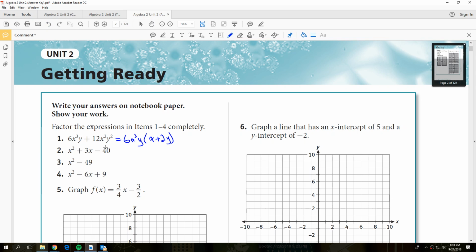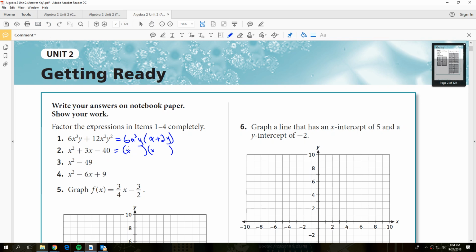Next one up here, I'm looking to factor this thing, and so this is going to be equal to x, and because this is an x squared here. What I'm looking for are two numbers that add to get positive 3 and multiply to get negative 40.